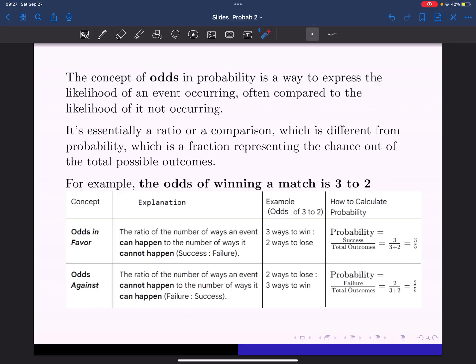The odds we usually list as something that occurs to something that does not, winning to losing. Now, if we would like to calculate against odds, we have 2 to lose and 3 to win. The probability of losing the match would be 2 out of the total number, 3 plus 2, which is 5. So the probability of losing would be 2/5.